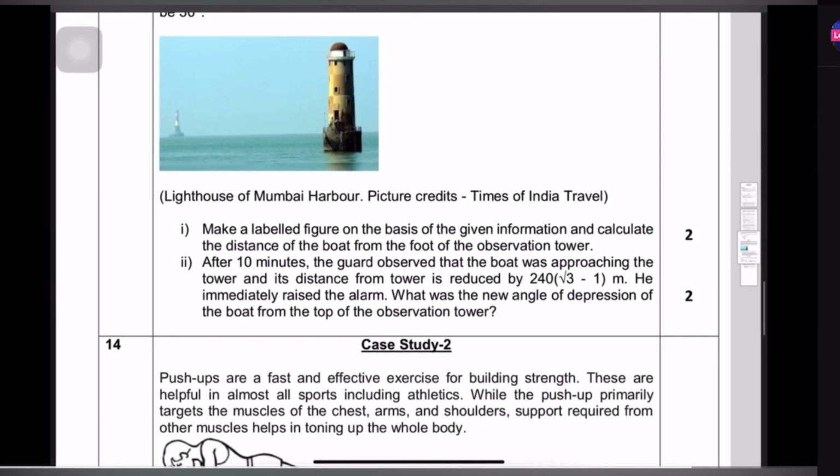So make a labeled figure on the basis of the given information and calculate the distance of the boat from the foot of the observation tower. After 10 minutes, the guard observed that the boat was approaching the tower and its distance from the tower is reduced by 240 into root 3 minus 1 meters. Immediately he raised the alarm. What was the new angle of depression of the boat from the top of the observation tower?